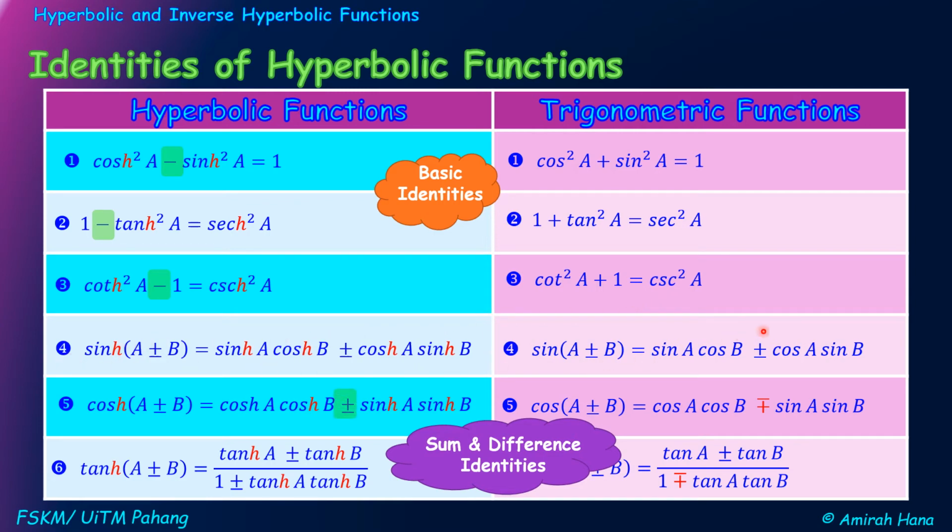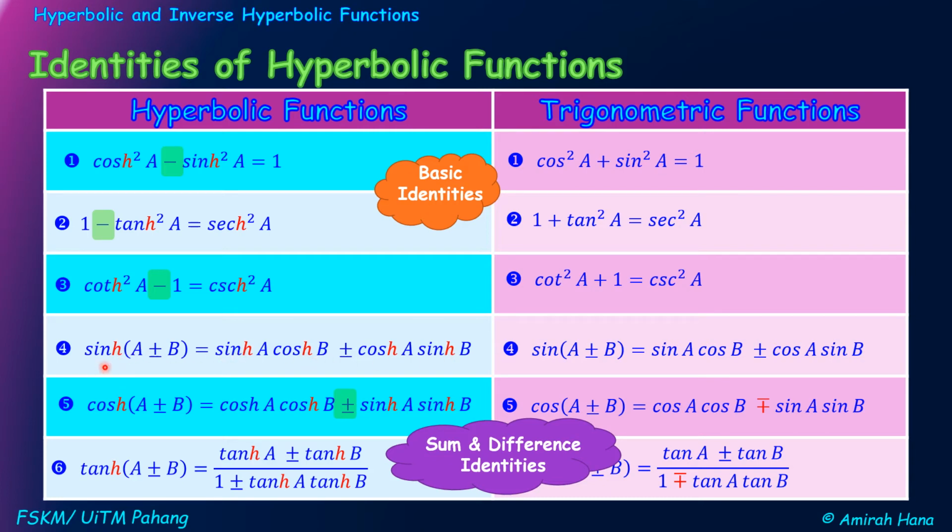And then formula number 4. It looks similar to trigonometric function, and the sign is also similar. Plus minus, and when we expand, we still have plus minus. Similar to trigo function, but for hyperbolic function, we must put h.